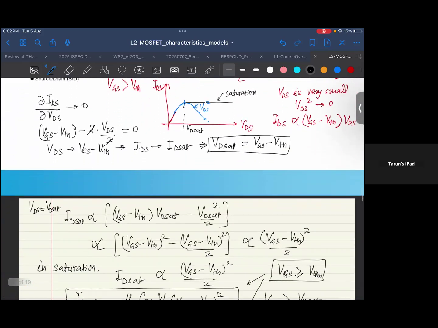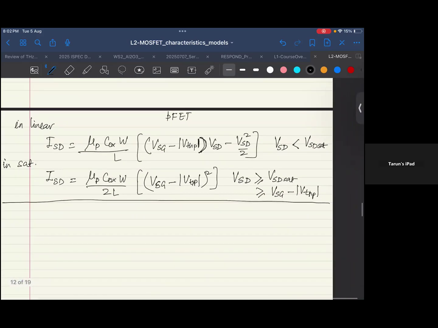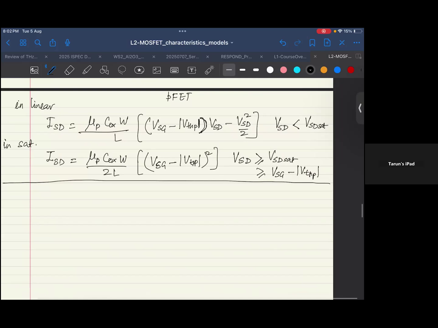Okay, and one thing which you may see as an addition into this equation is some observation which we will try to model in the IDS versus VDS. So till now what we were saying is that the current saturates, right? And this is showing you the VDS independence in the saturation current, right?